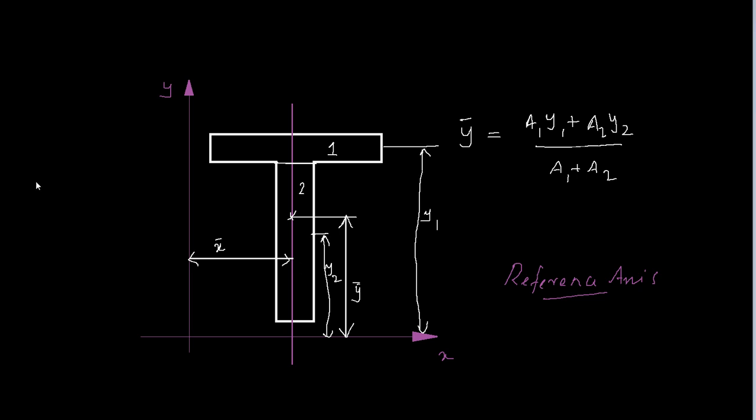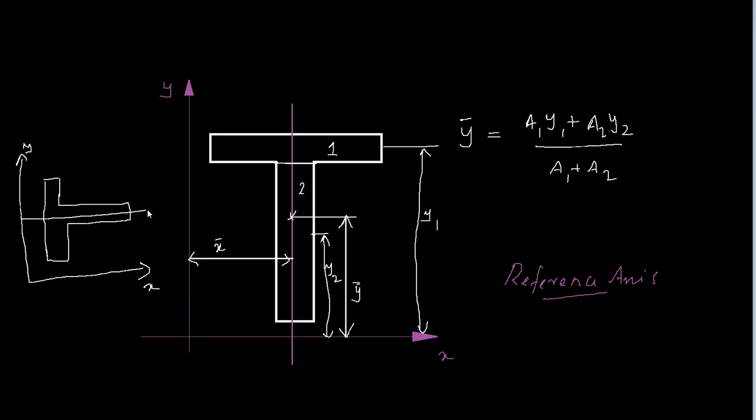And in case you are using a body of a different shape like this, let's say if you are finding the centroid of a shape like this, and you want your reference axes like this, x and y, then you can see the symmetry axis is passing through here, and therefore your y bar is fixed, which is this distance, and then you need to find the x distance of your center of gravity.